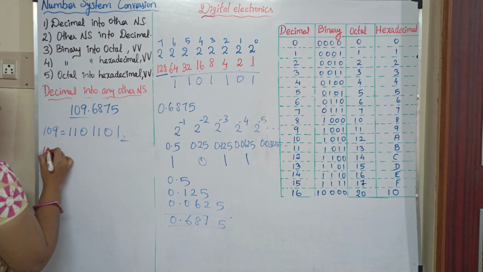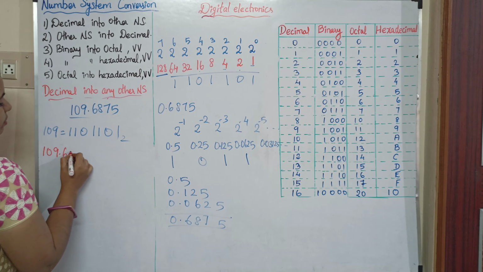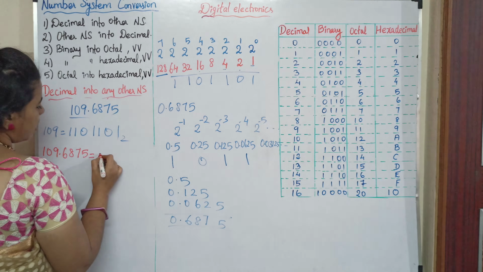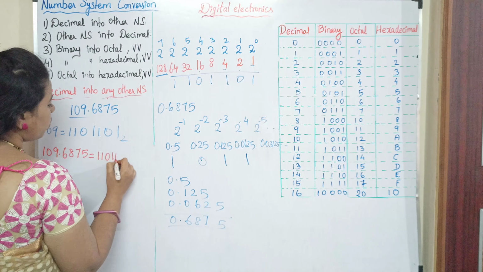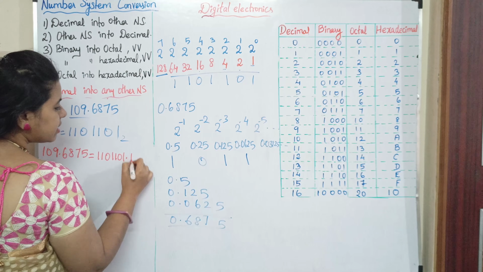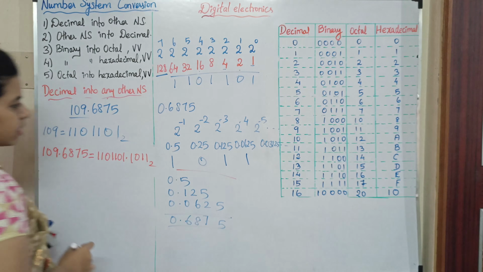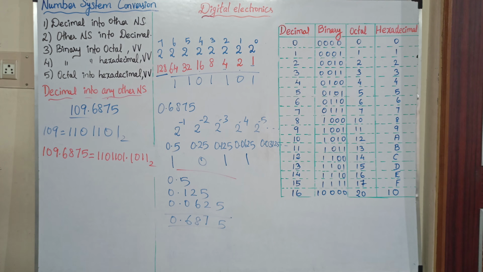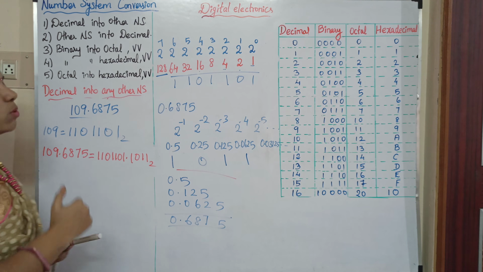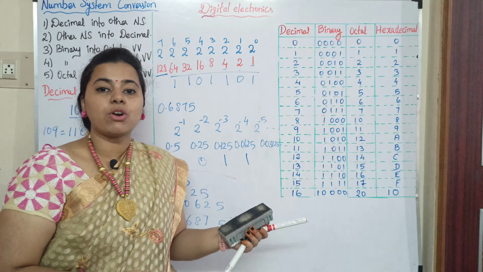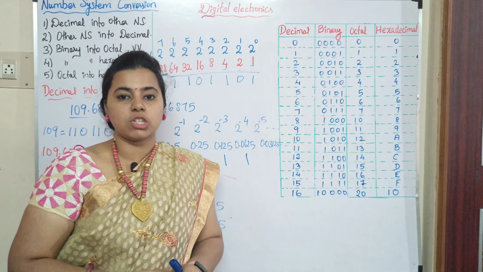The binary equivalent for the decimal value 109.6875 is equal to 1101101.1011. This is how you have to convert decimal into binary by using the descending powers of 2 and subtraction method.